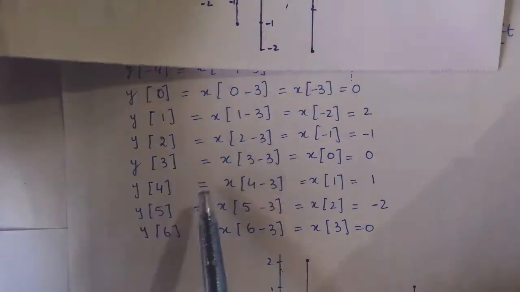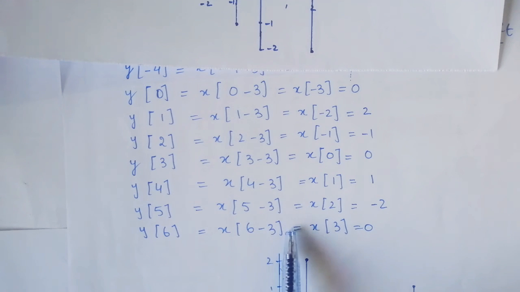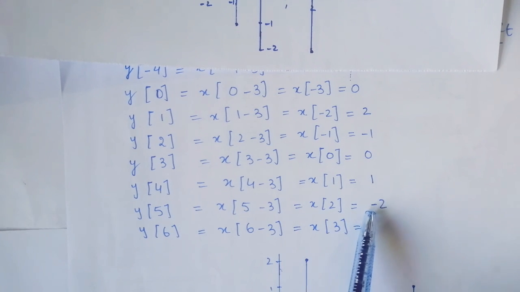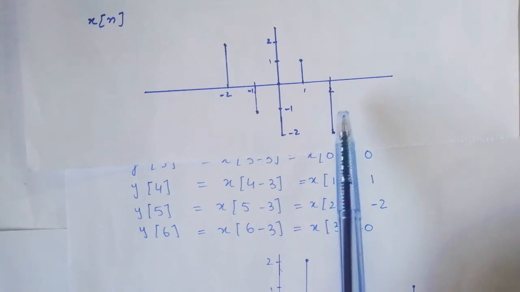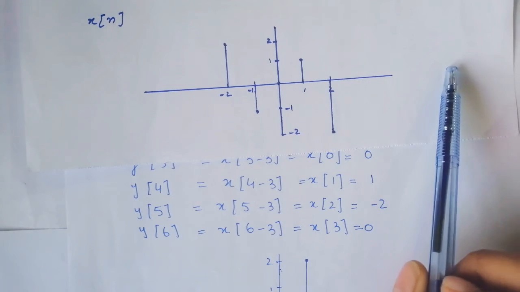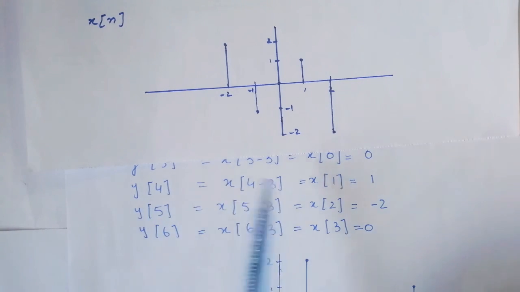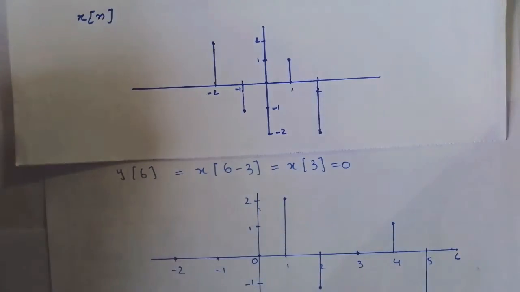But when we go to the positive side, for n equal to 5, 5 minus 3 is x of 2. So here you had no value at index 5, but now you have a value at index 5. So you get more samples on the positive index, and fewer samples on the negative index. That's how we can say that our signal has moved forward.